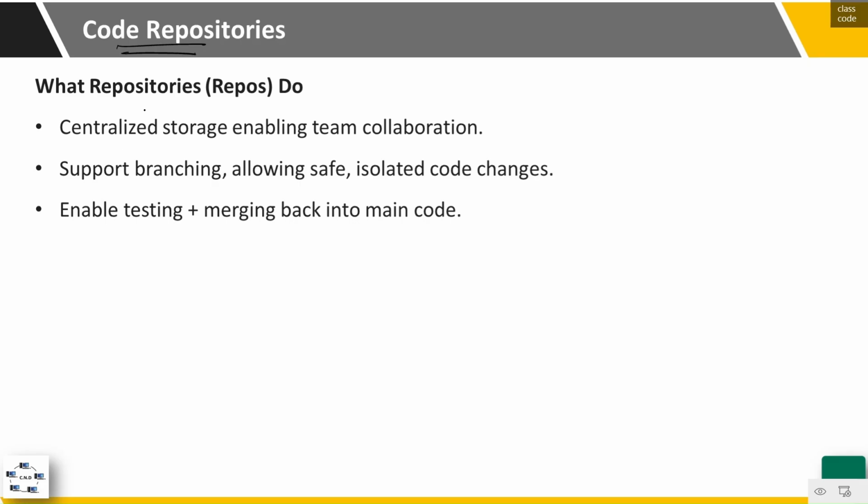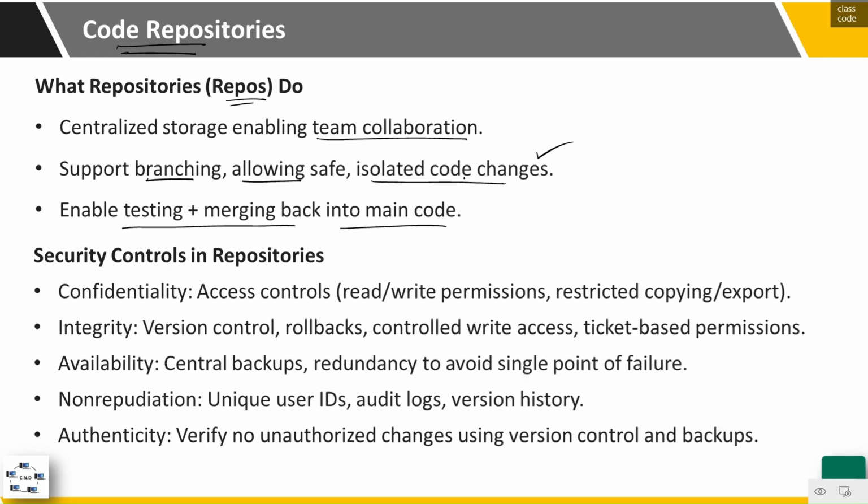Our next topic is code repositories. So what do repositories, or repos, do? They are centralized storage enabling team collaboration. They support branching, allowing safe and isolated code changes, and they enable testing plus merging back into the main code. The security controls in a repository include confidentiality, which can be done through access controls such as read-write permission, restricted copying, and export of code.